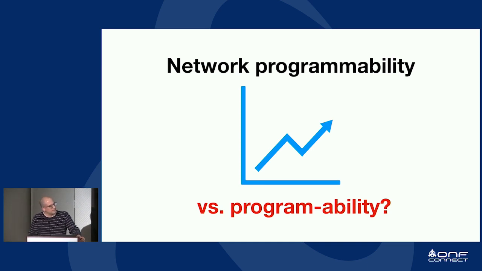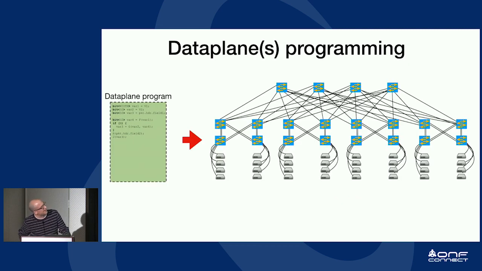So in this talk, I'll be talking about how we can try to keep these two features in check with one another. And in particular, I'll be talking about how we can go from writing a single Dataplane program. So this is where P4 comes in, right? So P4 is the de facto Dataplane domain-specific language, if you will.